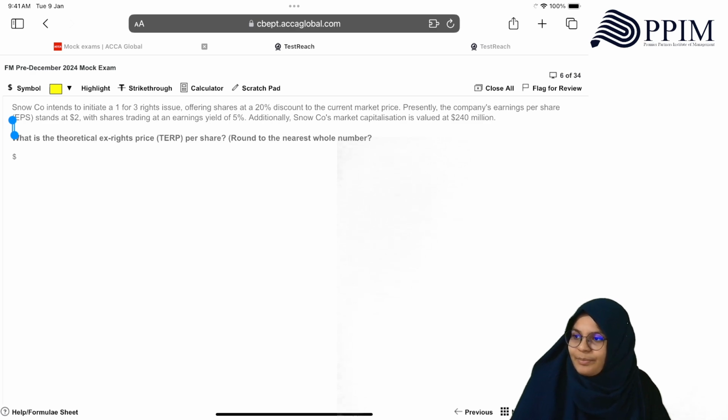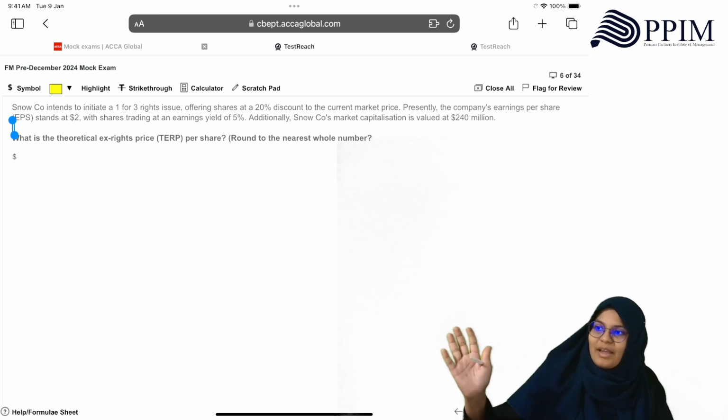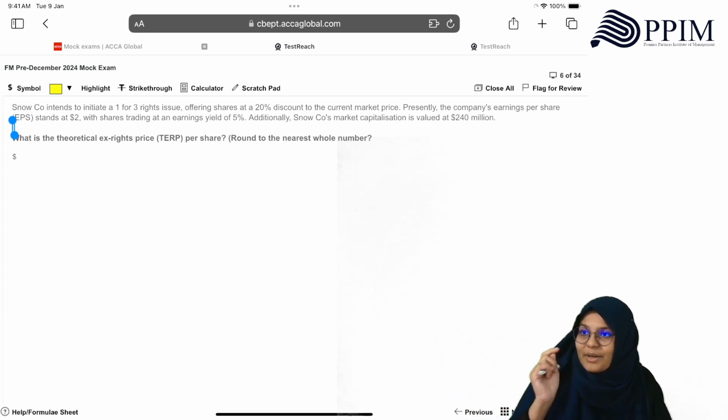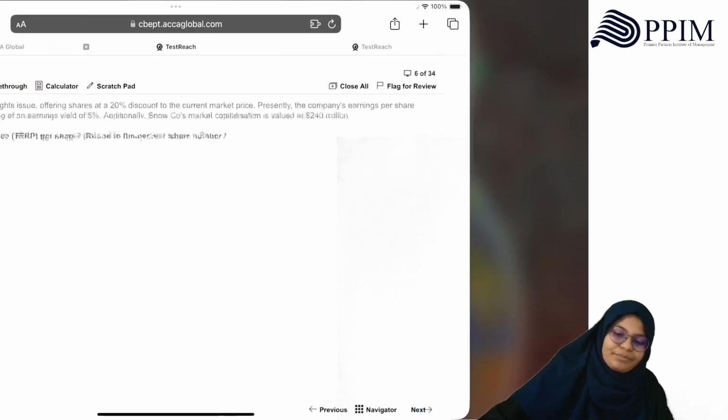I don't have it. Okay, I have the total market value, the 240 million, but per share I don't have the figure, right? So they're saying presently the company's EPS is $2 with shares trading at an earnings yield of 5. So chances are that that information is what I need to use to get this market price of a share. Okay, current market price of a share.